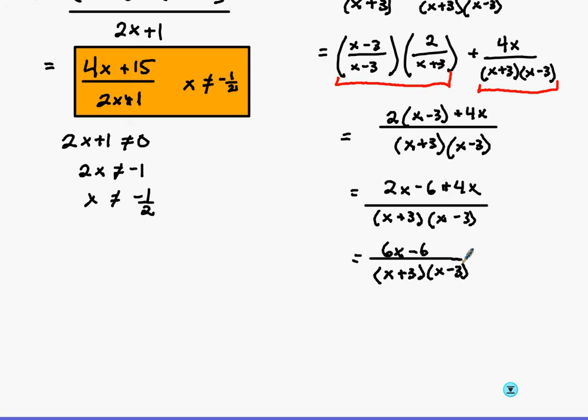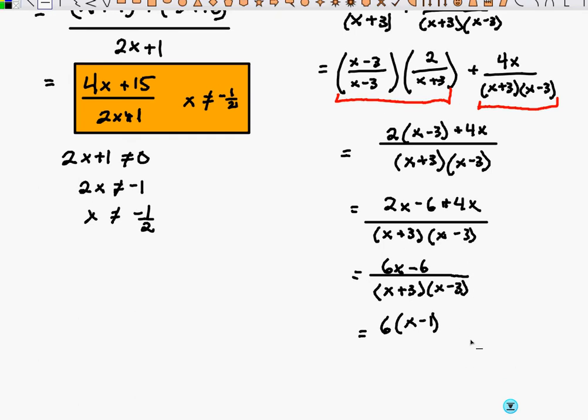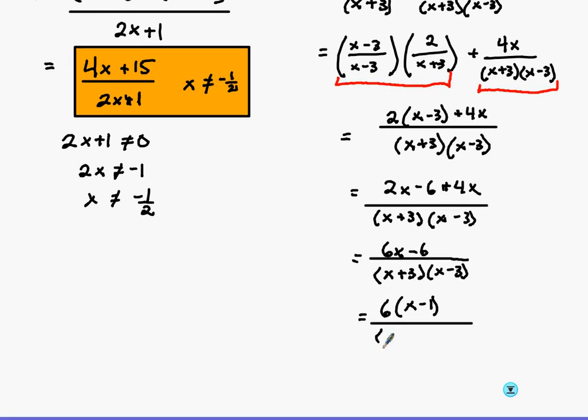And our final factoring would be to factor 6. So we have 6 times x minus 1 over x plus 3, x minus 3. All right, so that is our simplified expression.